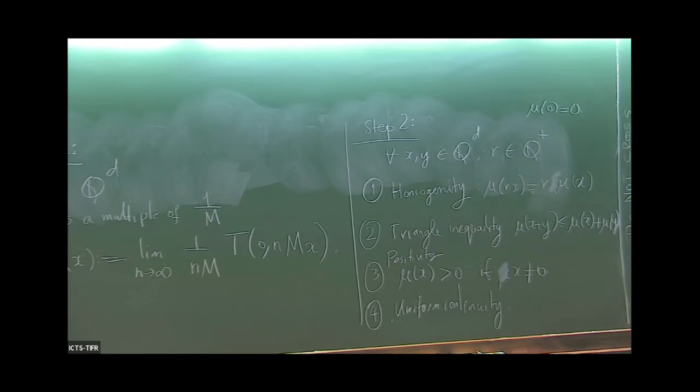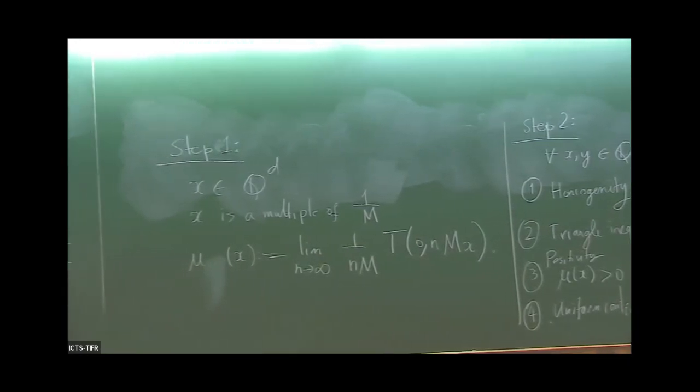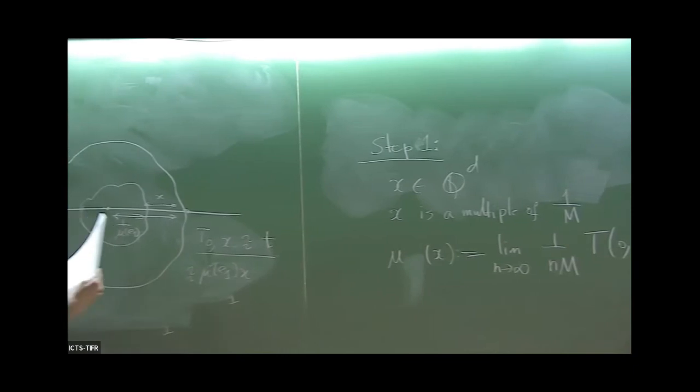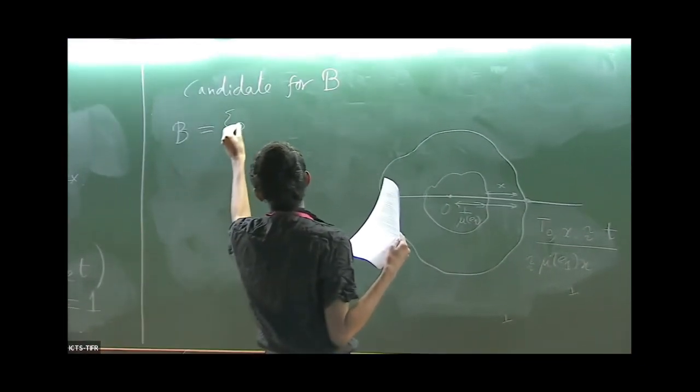So what does that mean? In particular, the uniform continuity means that you can extend mu to all of R^d, and the extended mu, which we'll still call mu, has all these properties. So in particular, mu is a norm. So our candidate for B is simply the unit ball of that norm.